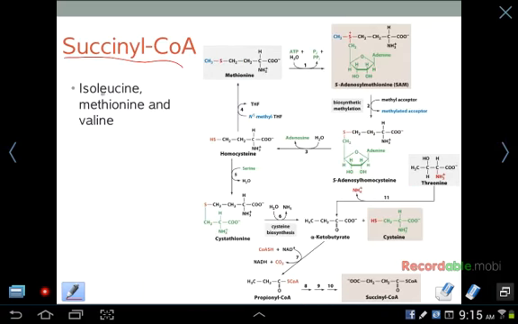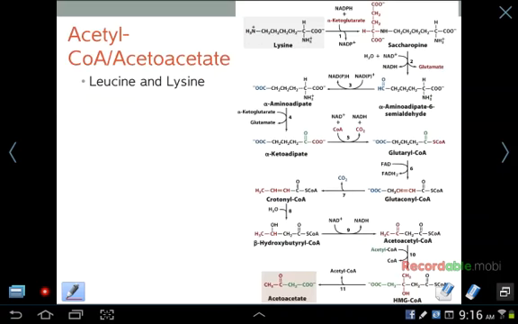Succinyl-CoA is formed from isoleucine, methionine, and valine. Alright, so we've got methionine here, threonine, cysteine, and then succinyl-CoA. Alright? Acetyl-CoA and acetoacetate are formed by the degradation of leucine and lysine.